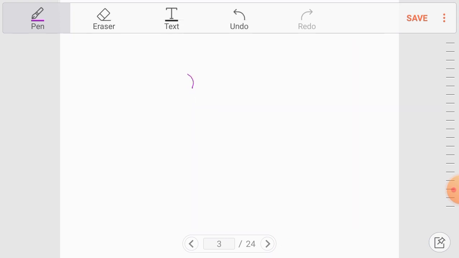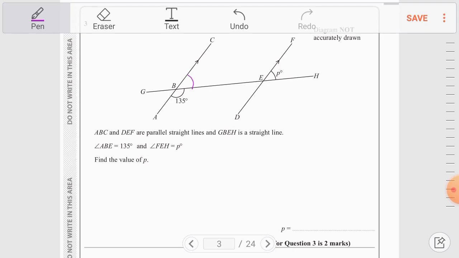As it's already stated that ABC is a straight line, we can say that angle CBE plus 135 degrees is equal to 180 degrees, because angles on a straight line sum to 180.